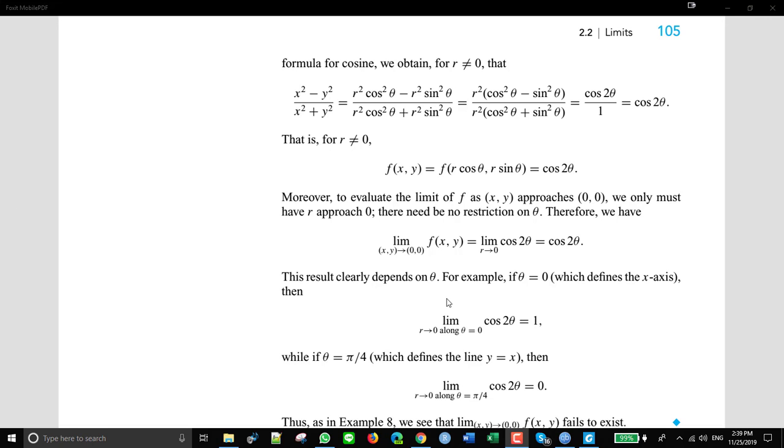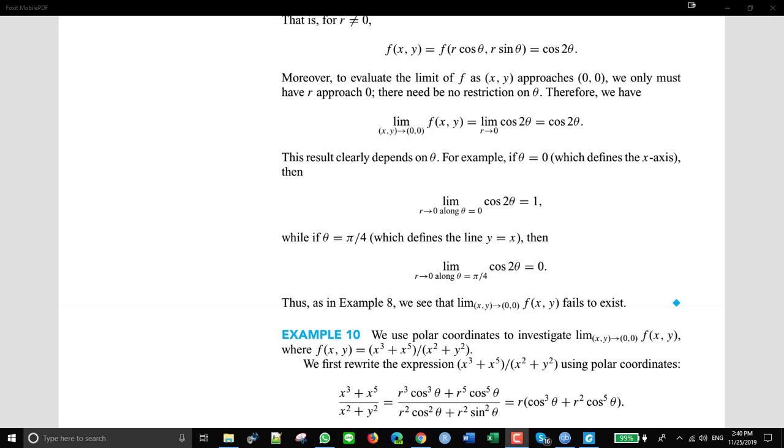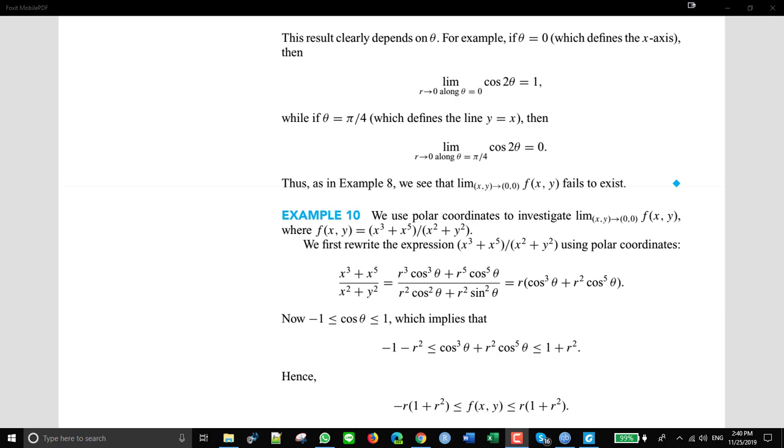So that one we didn't do before, but now we've done it rather easily by converting everything to polar coordinates. So again, the limit is equal to cosine 2 theta. Thus, as in example 8, we see that the limit fails to exist because it depends on theta, so there's not a single value for all possible paths to the origin.